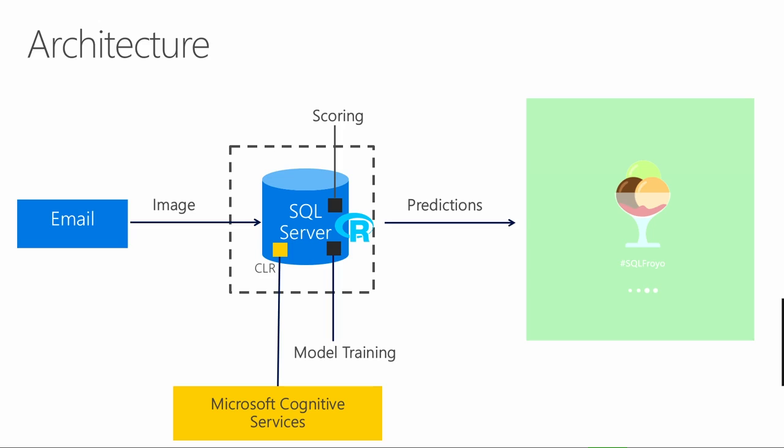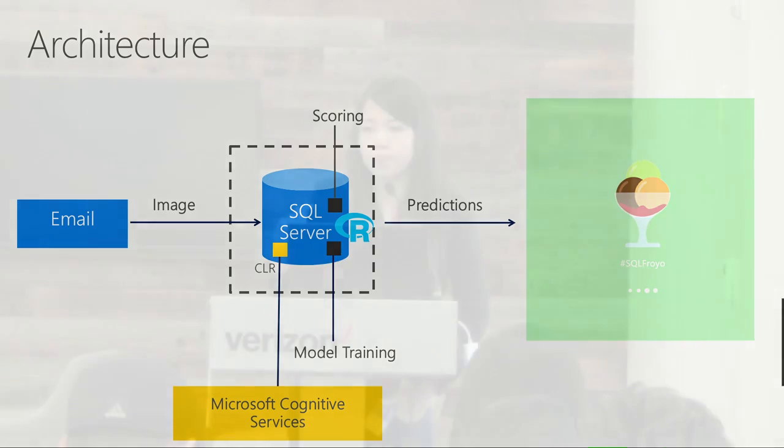I tried using the R code to call the cognitive services. Technically it can, but when you run it inside SQL Server, for security reasons, it cannot make internet calls, essentially. It's blocked by a firewall. So the SQL Server engine has that firewall built in right now. I don't know whether in 2017 that's going to be lifted or not, so we'll see.